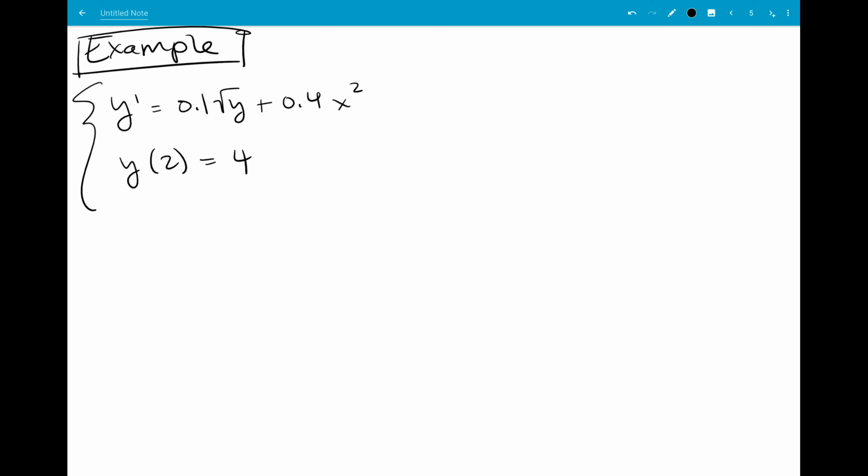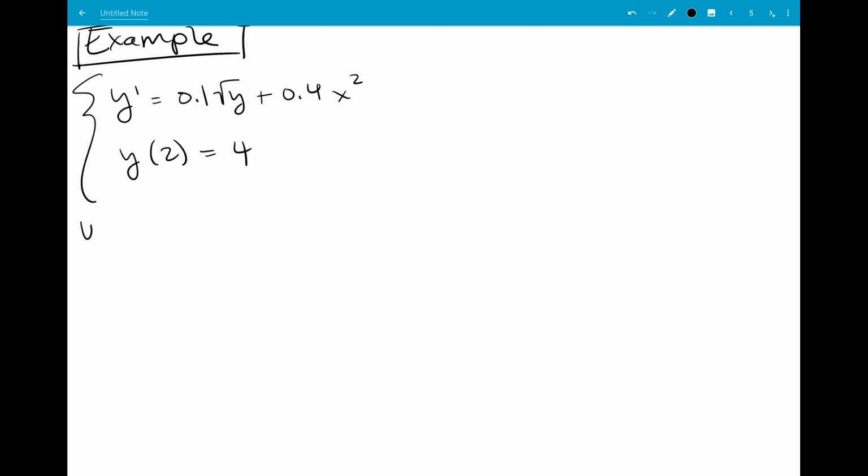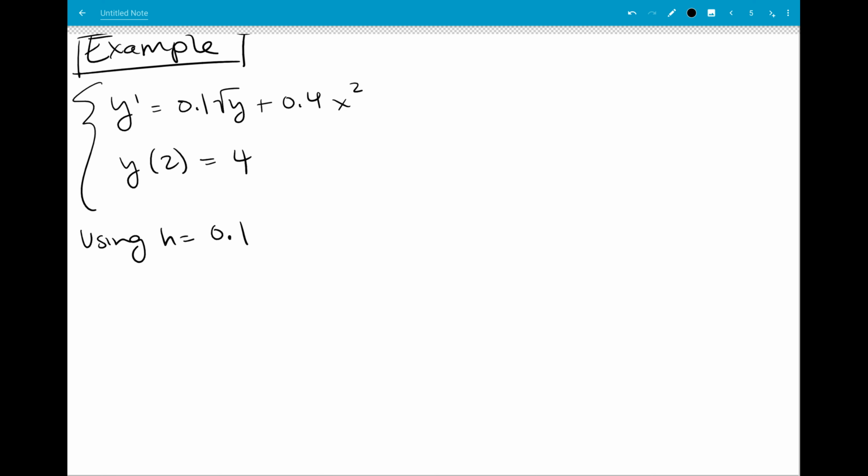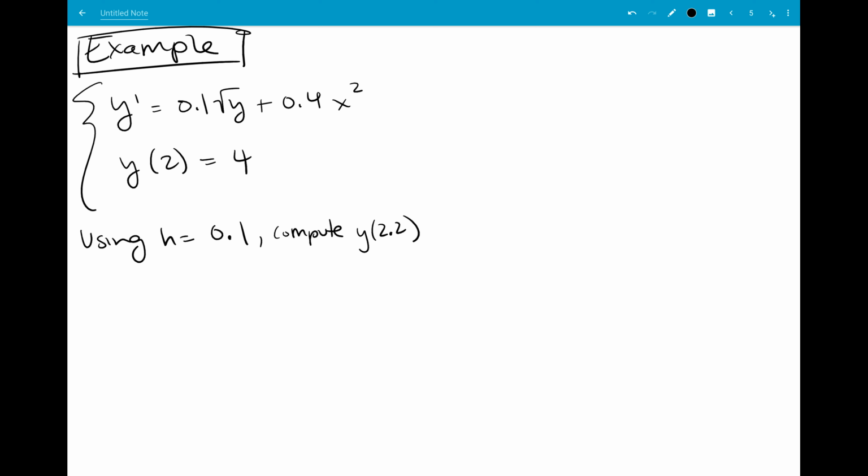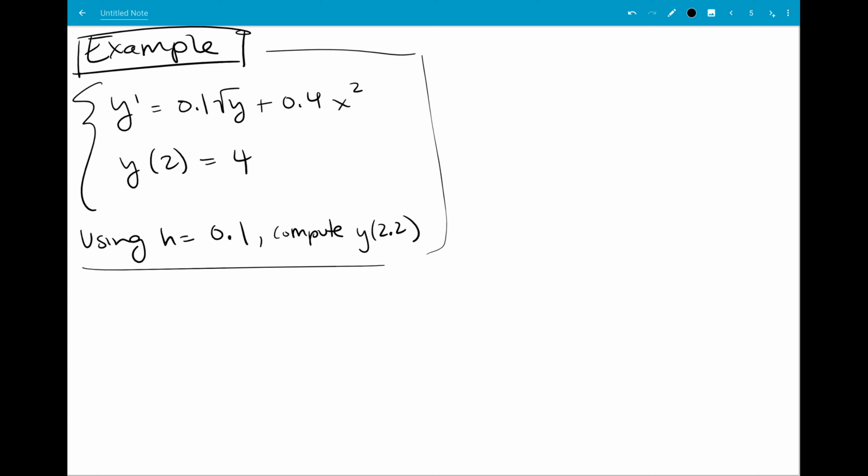And whenever you have a problem like this in class, you'll just be told the step size to use and where to stop it. So for this one, we're going to say that we want y of 2.2.